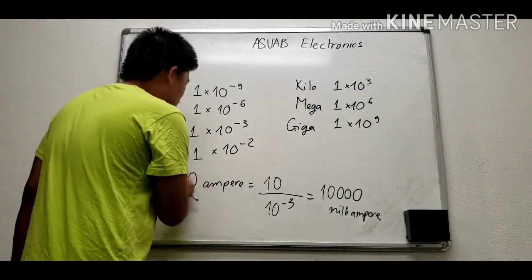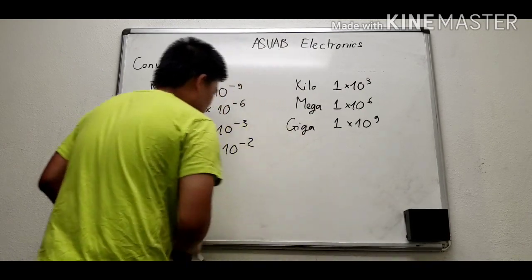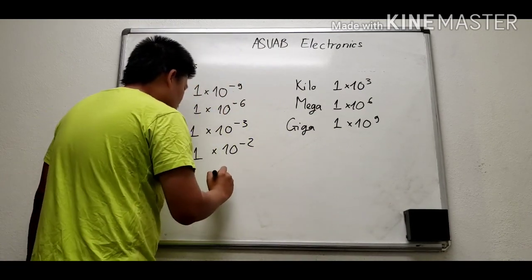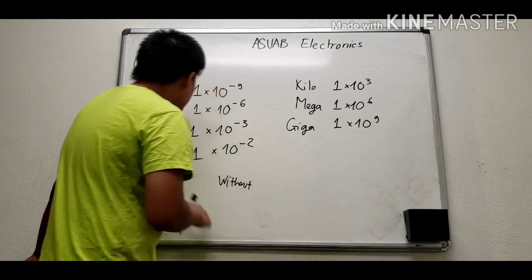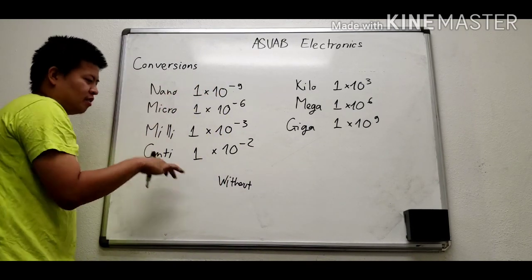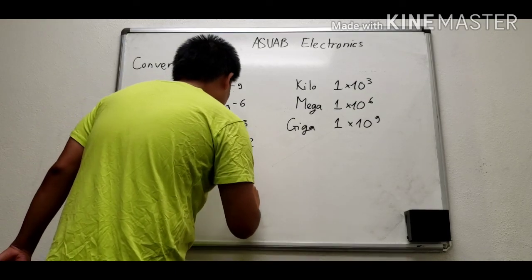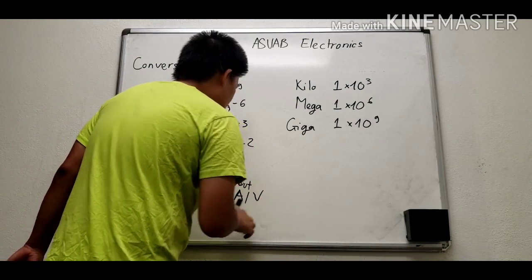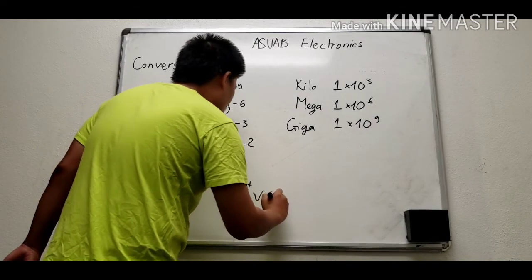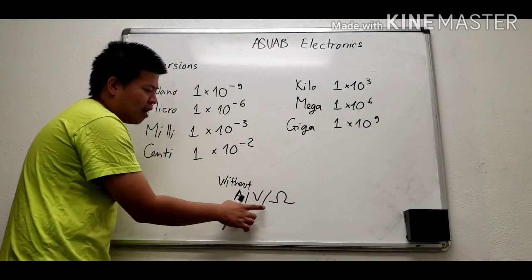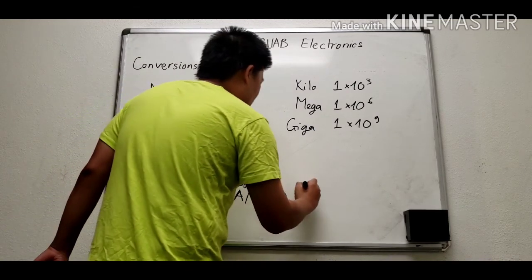So the formula to convert starts from without any prefix, meaning without anything here. A is ampere, V is the volt, omega is the resistance.